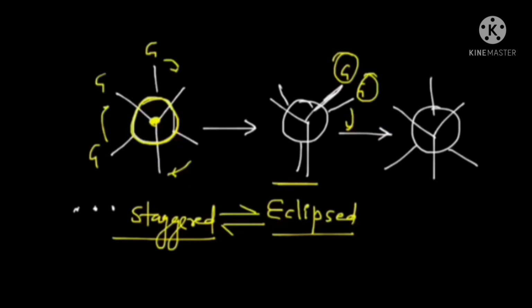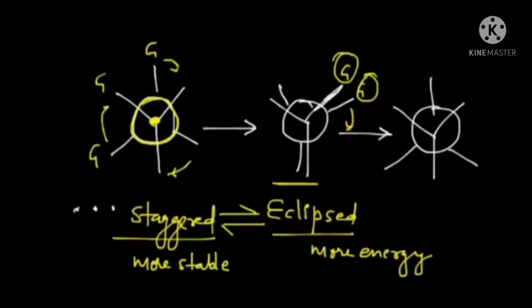So most of the time it is found that the staggered conformation is more stable than the eclipsed conformation, because there is crowding here and nobody likes to be in a crowd. So usually staggered will be more stable than the eclipsed position. So the energy of the eclipsed form is more than the staggered form. Why? Because it is less stable.